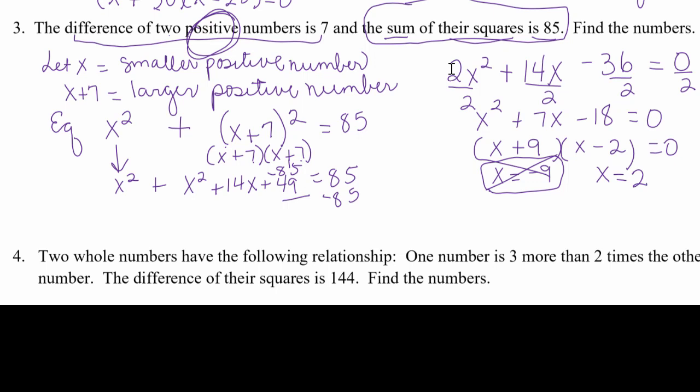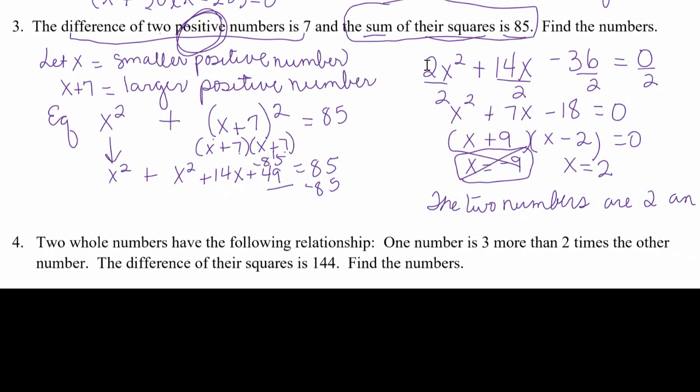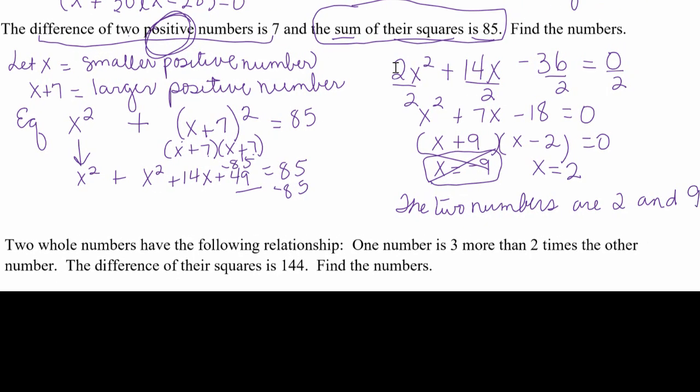And then you add 7 to get the larger. So the two numbers are 2 and 7. Now, excuse me, not 7, and 9. Because remember, x is 2 and x plus 7 is the larger number. So 2 plus 7 is 9.